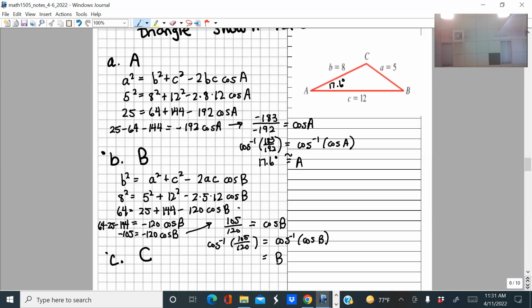So C is the big angle here. What is that? 28.95. Yeah, so let's just say 29 here, close enough. So B there is about 29 degrees.